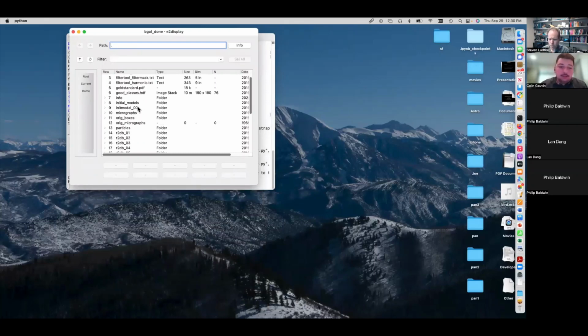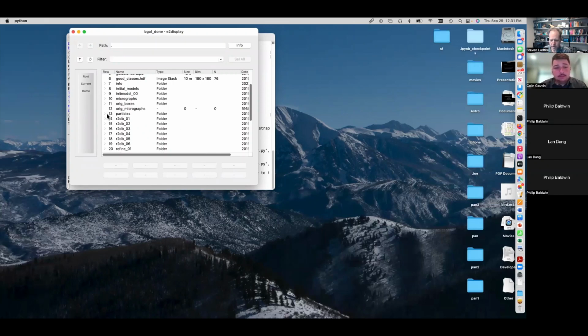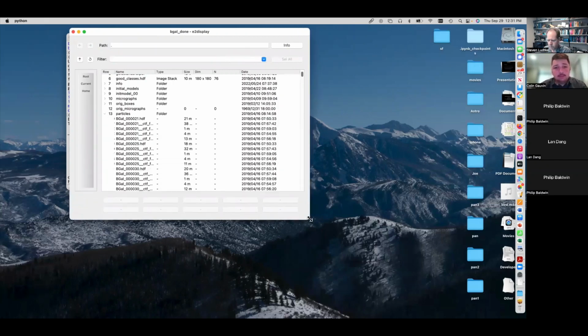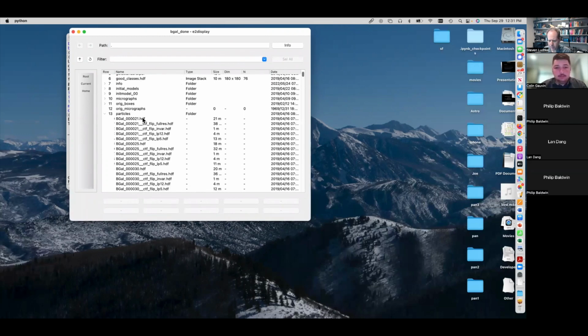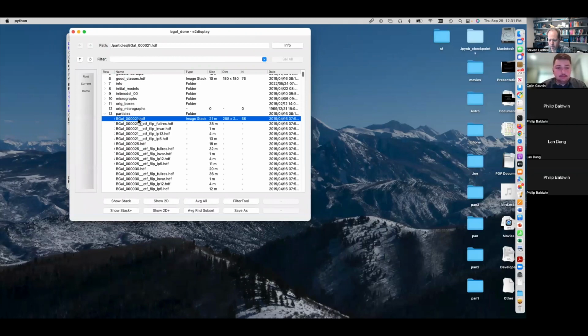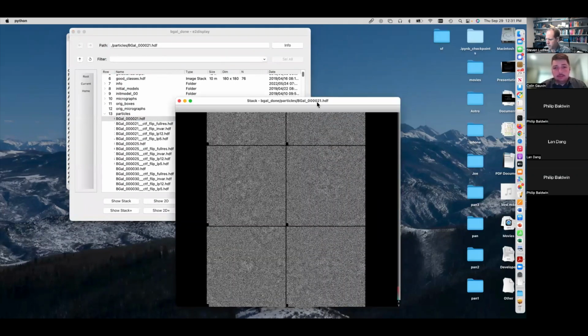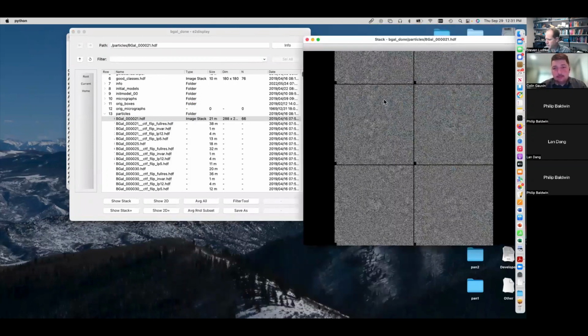Yeah, so normally what you would do in the EMAN workflow would be you determine the CTF parameters as a first step. So all the particles would already have it. If you're looking in the particles folder, you have several different types of particle objects. You have the original raw particle stack, which looks like that.